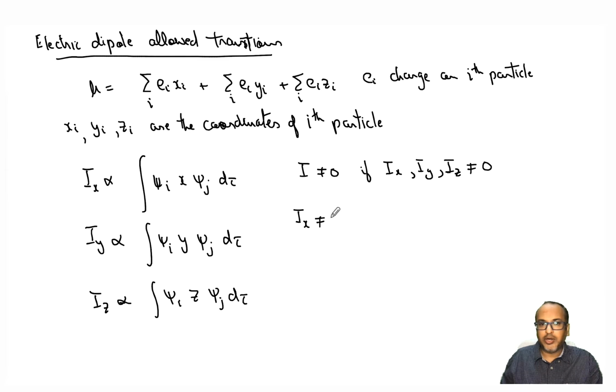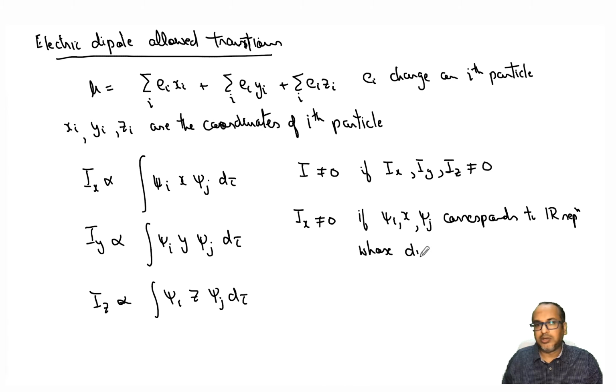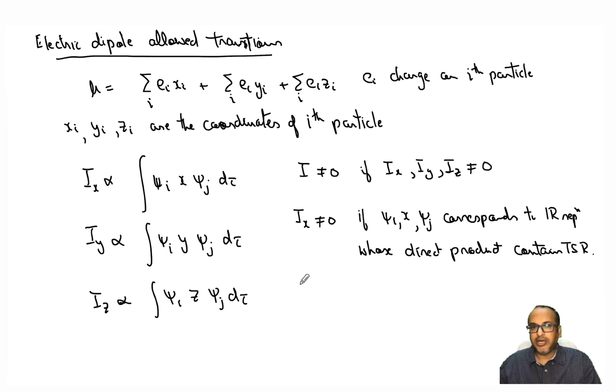So Ix will not be equal to 0 if psi 1 x psi 2 corresponds to IR representations whose direct product contains TSR, right? And similarly, we can say for Iy and Iz.